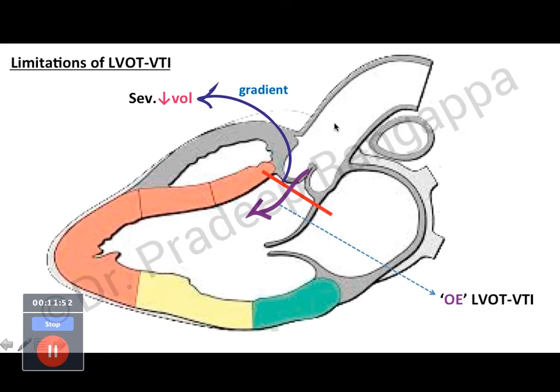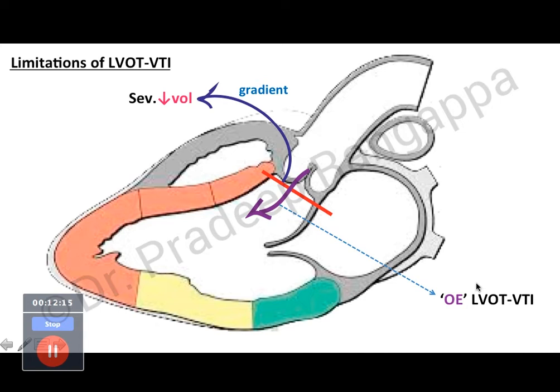And when there is aortic regurgitation, seldom when we are doing LVOT-VTI as a test to look for volume responsiveness, we may not put color to see if there is an aortic regurgitant jet. So if there is even a small aortic regurgitant jet or a significant aortic regurgitation, it overestimates LVOT-VTI.